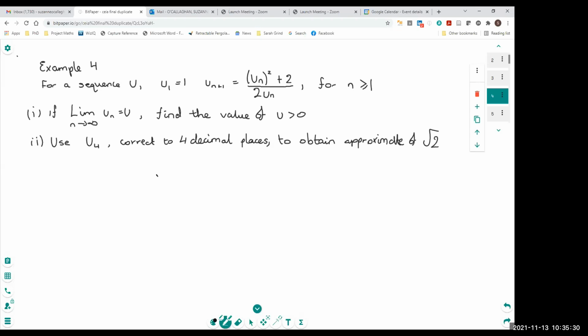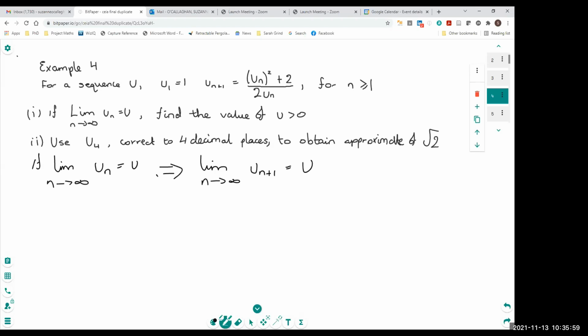So we know if the limit as n approaches infinity of u of n is equal to u, then it follows that the limit as n approaches infinity of u of n plus 1 also is equal to u.